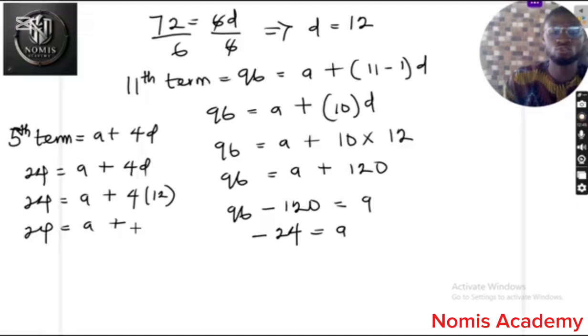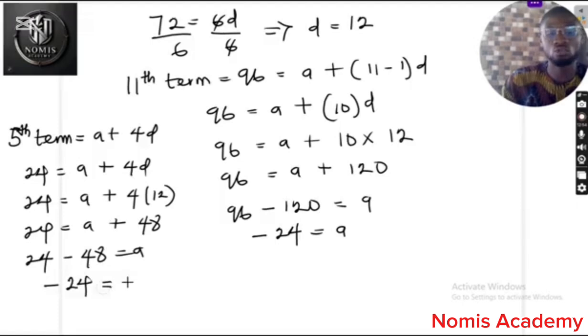So to make a the subject of the formula, 24 minus 48 is equal to a. So subtract 24 from 48, we'll be left with 24. And since we are subtracting a bigger number from a smaller number, we have negative: minus 24 is equal to a. So you can say that whichever one we choose, we still have the same value for a. So a is equal to minus 24, which we know as our first term. So that is the final answer to that question.